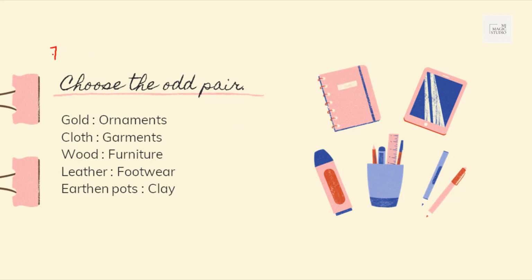Okay, example number 7. And this time we'll start with type 2 questions, where we need to choose the odd pair. Choosing the odd pair of words or numbers, isn't it?